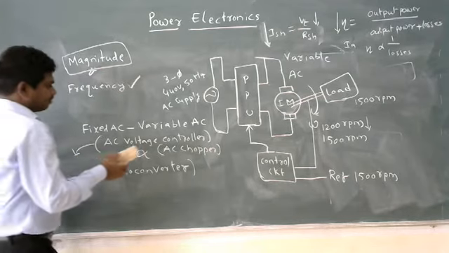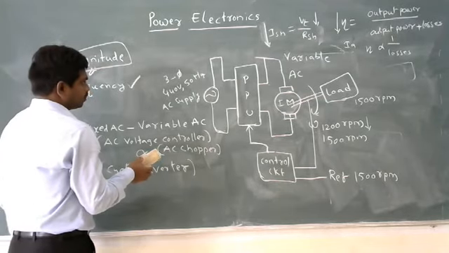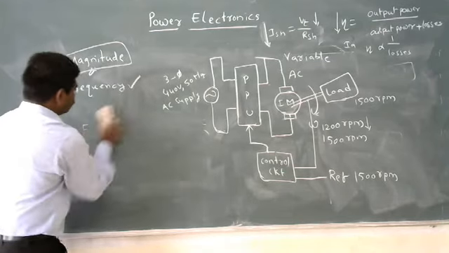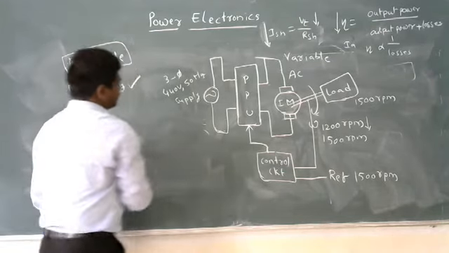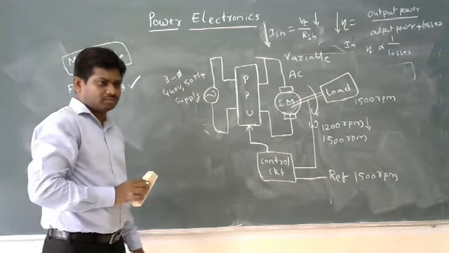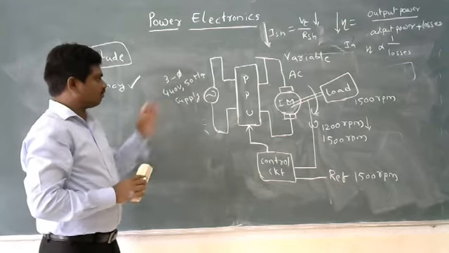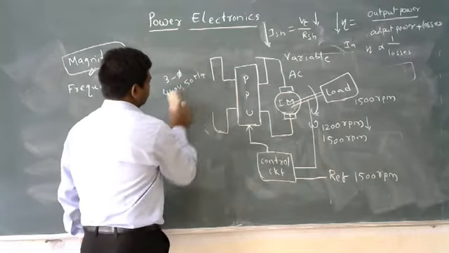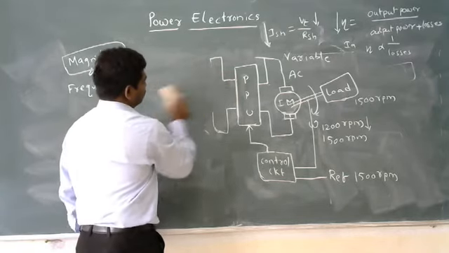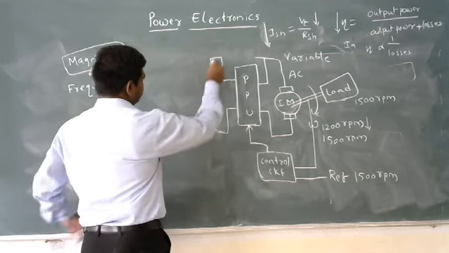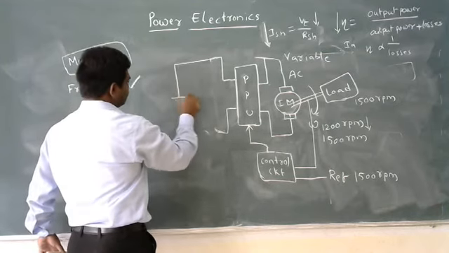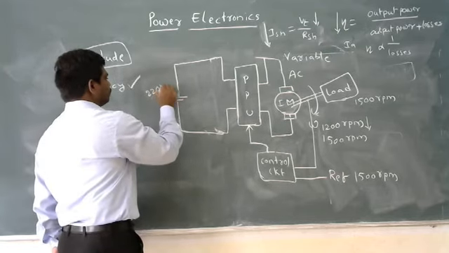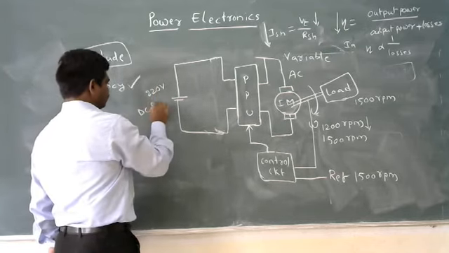The fourth modulator is for when AC supply is not available, but our induction motor requires AC supply. Then look at this. I have a 220 volt DC supply.